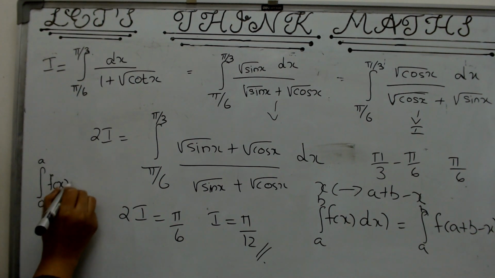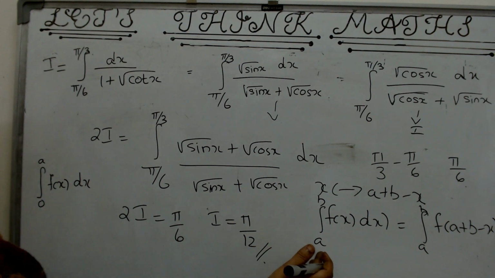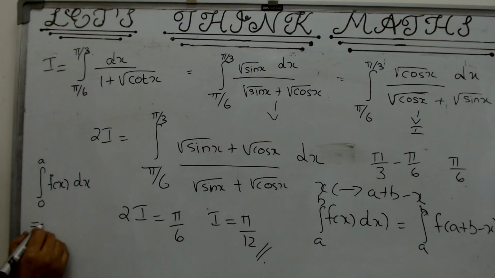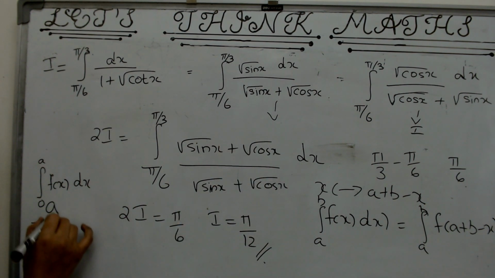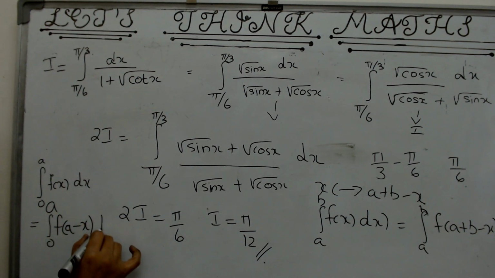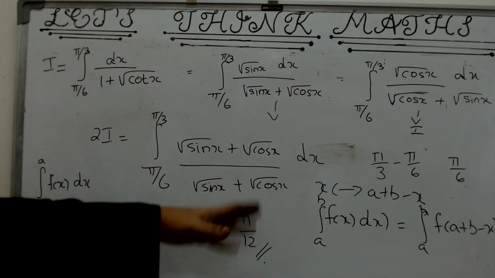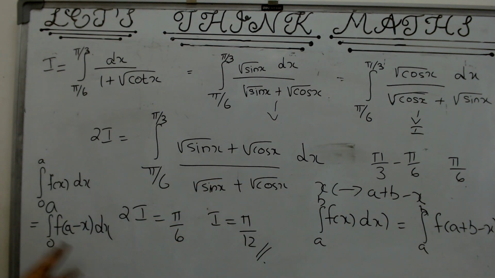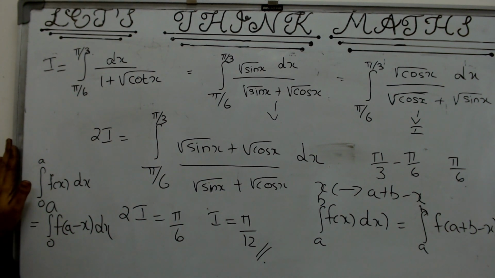We are just taking a to be 0, and we are only taking the upper limit. So then what do we have? Instead of x, you can substitute a minus x. This is just a follow up on this. Instead of getting 2 non-zero limits, we are taking the lower limit to be 0. That brings the number of properties to 5.